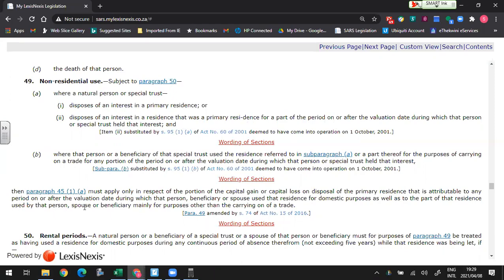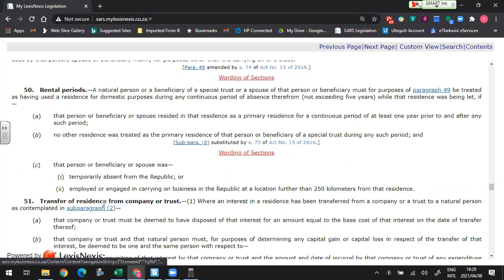Then I look at paragraph 50, rental periods. And it says a natural person or beneficiary of a special trust or a spouse must for these purposes be treated as having used a residence during any continuous period of absence therefrom not exceeding 5 years, while that residence is being let. So she was only away for 6 months. So that's fine.